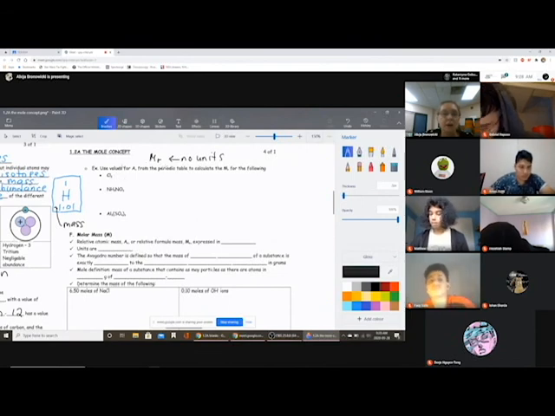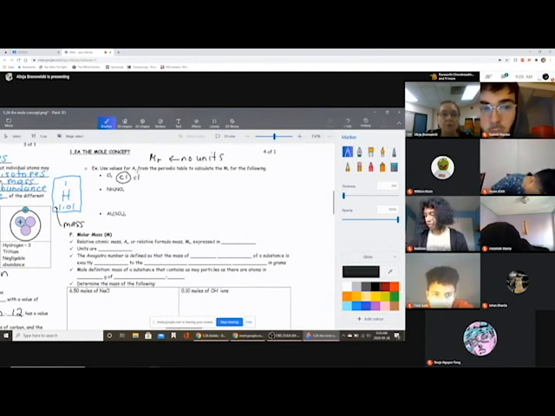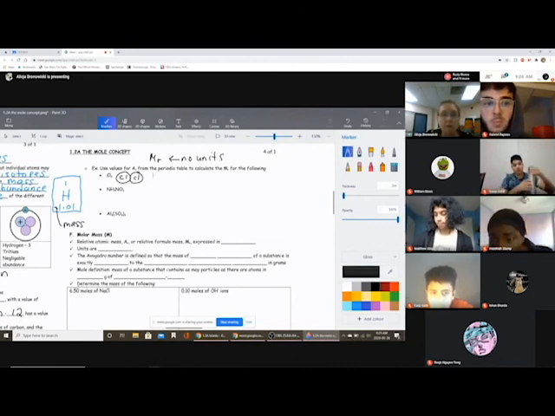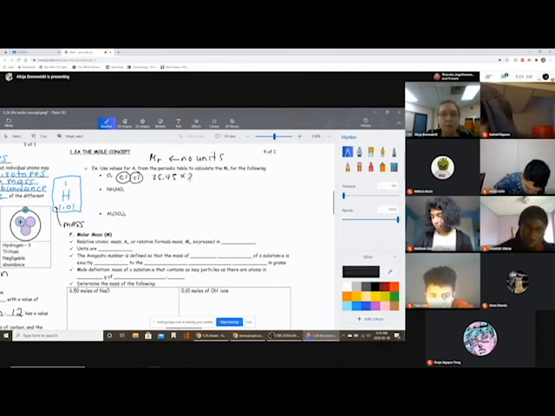Okay, so I have 2 chlorines. Well, the mass of 1 chlorine is 35.45. But I have 2 of them, so I just multiply it by 2. Equals 70.90.